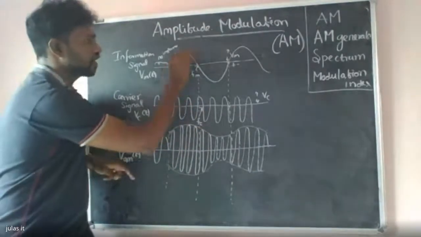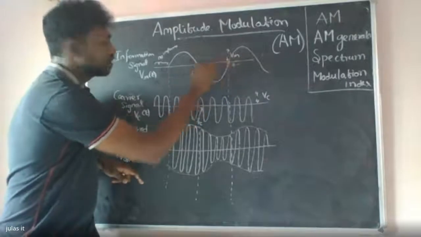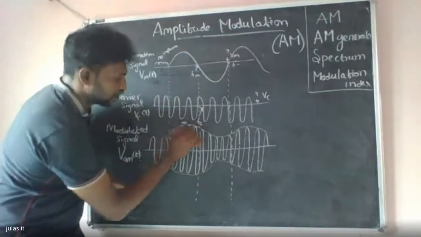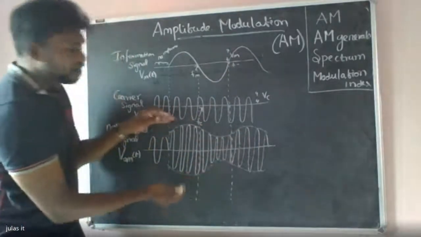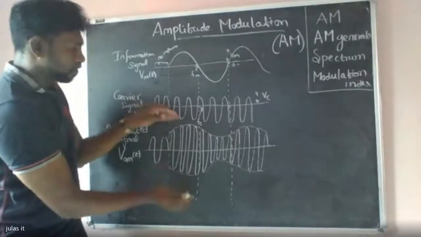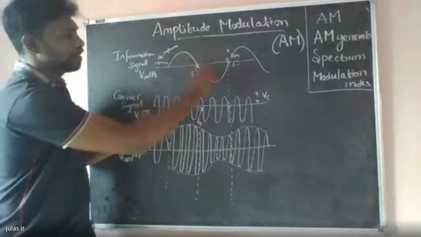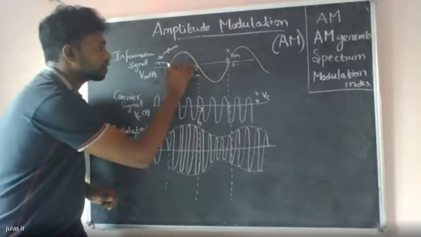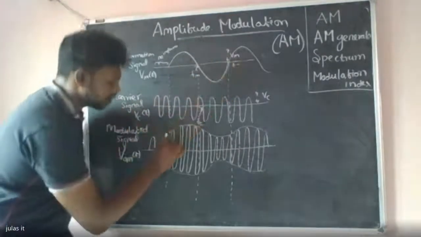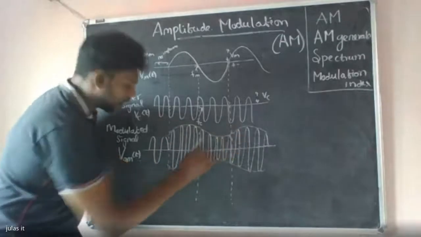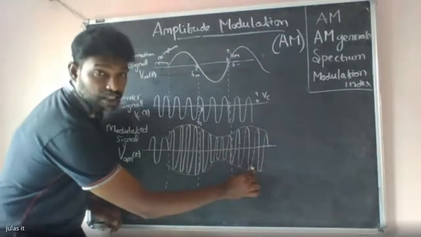Here also we have the same shape of signal. Since I have small area to represent, I have drawn it a little bit wider. Otherwise, if a little bit narrow, it will be the same like this, right? Starting from this signal shape, the same signal shape you get here.